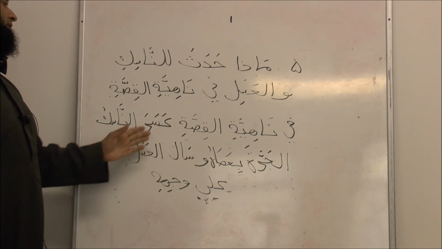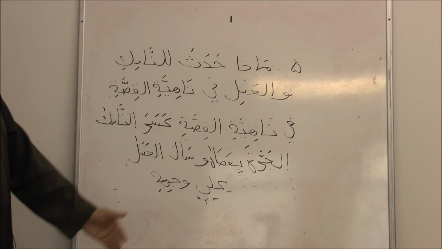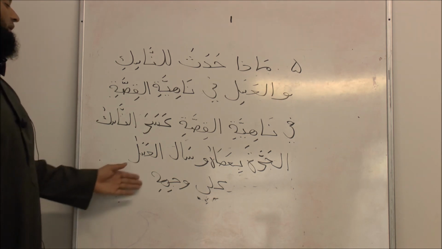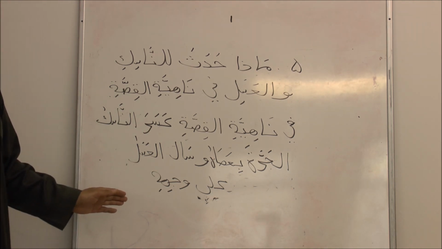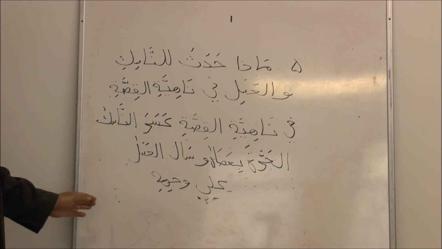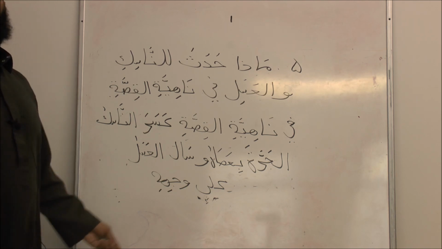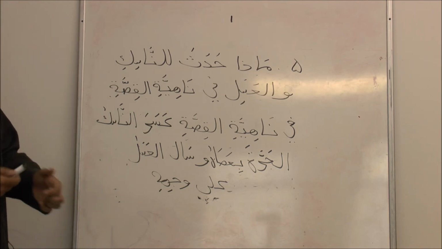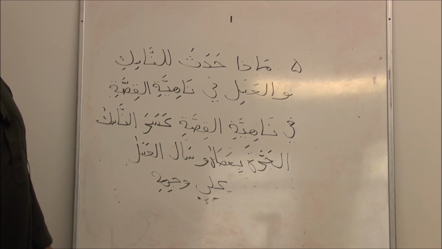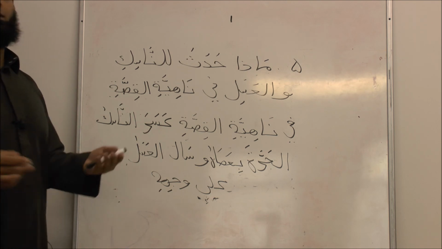So that's the answer: في ناحية القصة كسر الناسك الجرة بعصاه وصال العسل على وجهه. That's what happened in the end, isn't it? All the honey flowed on his face. So, now on to section B.